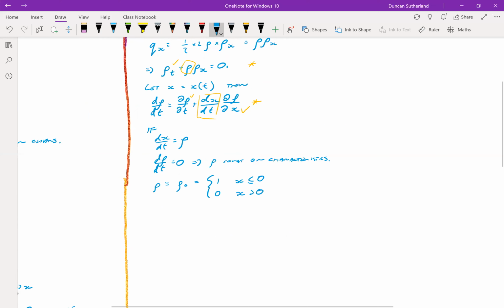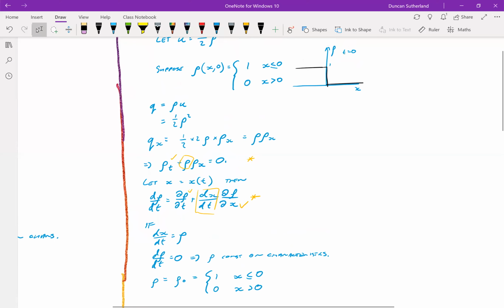That's our initial condition, right up here. We integrate, we find that rho doesn't change on these characteristics, so it must be equal to the initial condition, and then we're done, right?